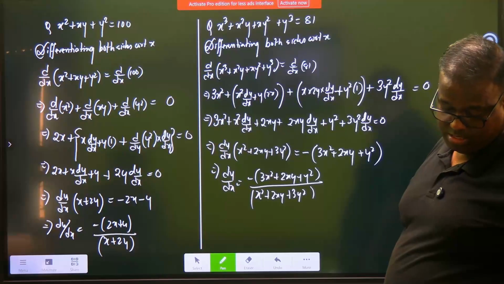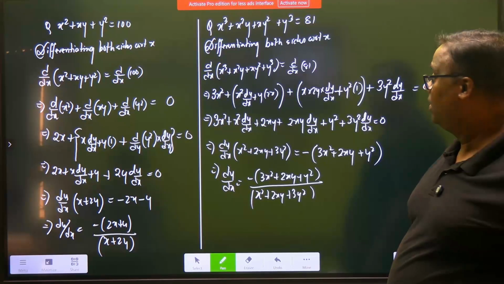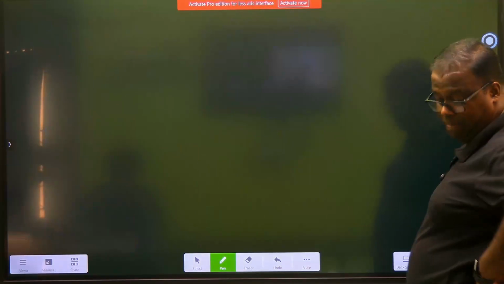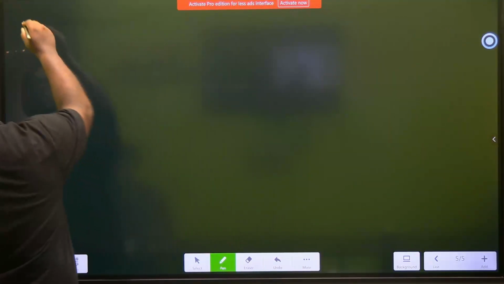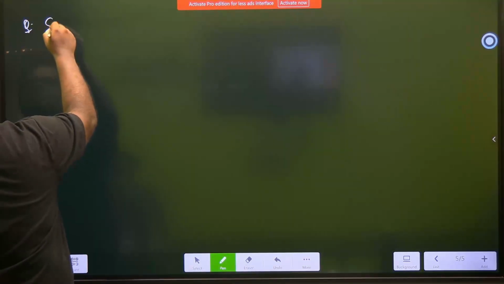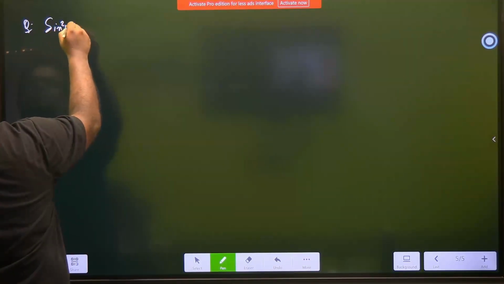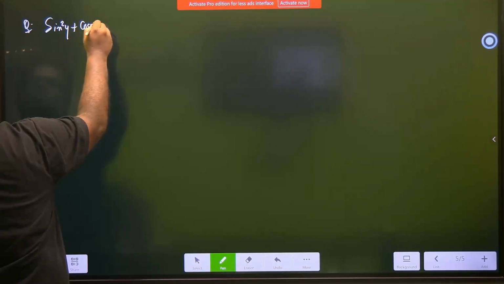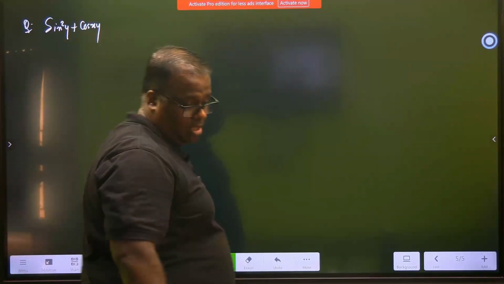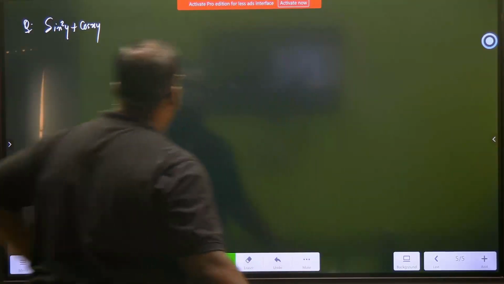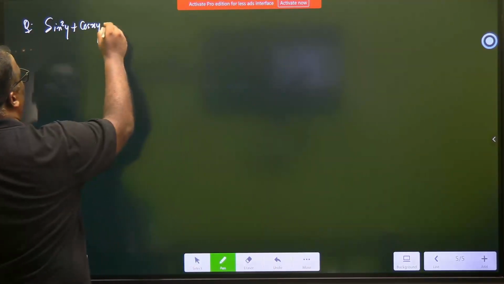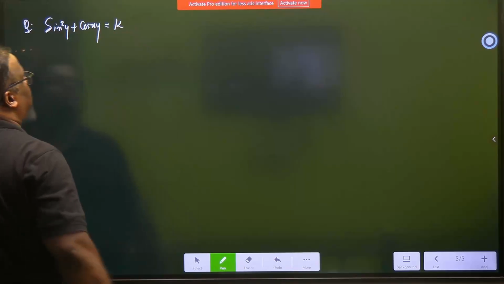Okay. Our next one. Seventh problem: sin squared y plus cos xy, sin squared y plus cos xy is equal to k, or kappa k.